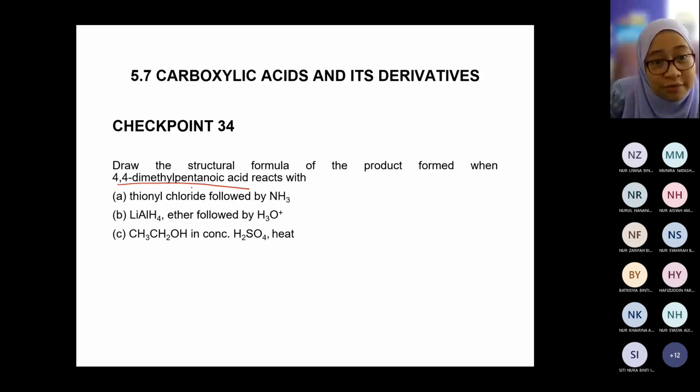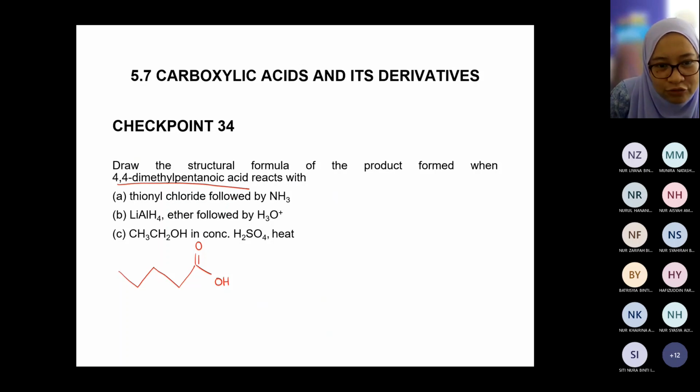How do we start from here? First, you start from the molecule itself. Draw the structure first. Baru you boleh nampak what to do next. How to draw dimethyl pentanoic acid? Pentanoic acid, 5. 1, 2, 3, 4, 5. Dia ada carboxylic. Always count balik.